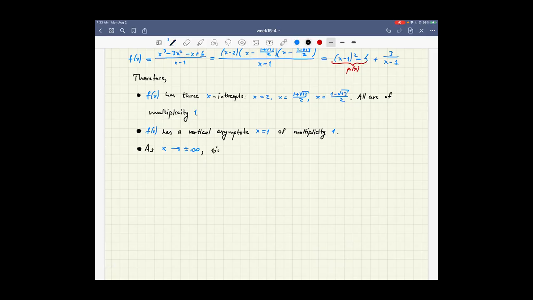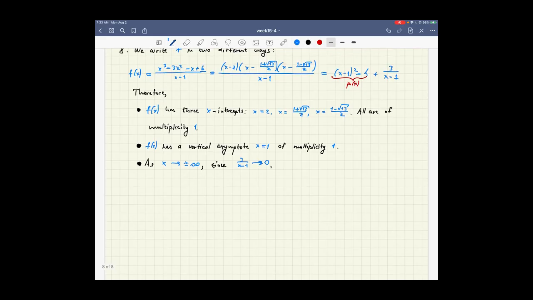Since 3 over x minus 1 approaches 0, our function f approaches the parabola p, which is x minus 1 squared minus 4.